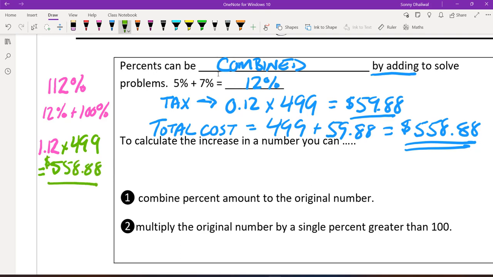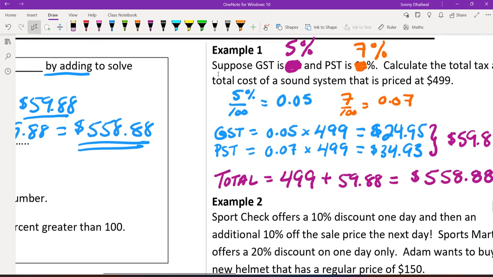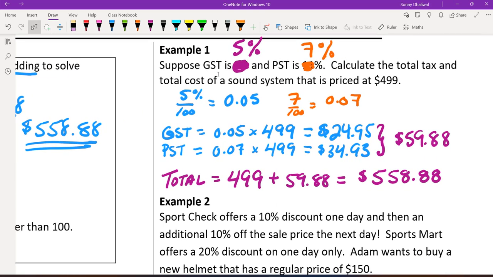The same answer. So when doing these questions, you pick the strategy that works for you. If you find that you need to break everything down to a single step, I find this tax, I find this tax, then I add them together, then I add it to the total, go for it. You can do that.